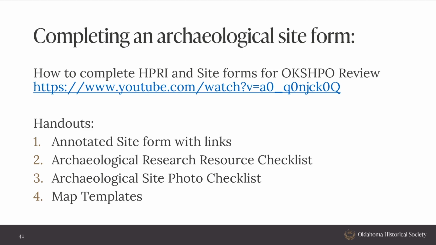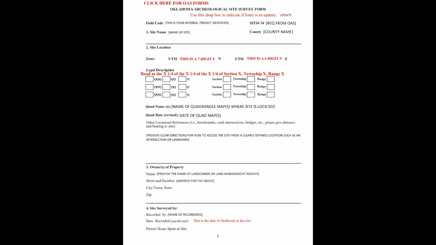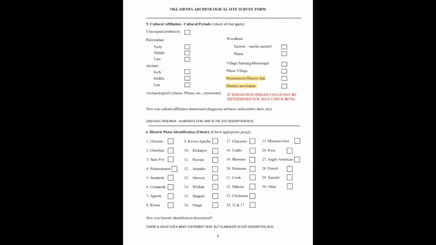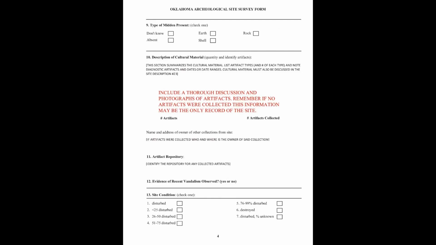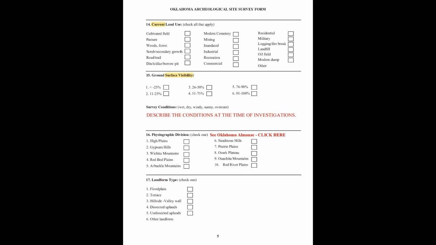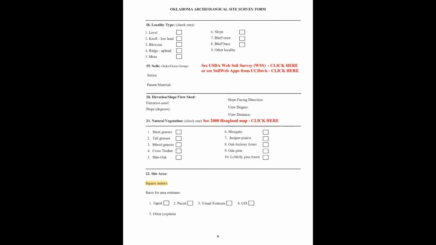And I can quickly show you that annotated site form. It's the old Oklahoma Archaeological Survey site form with annotations and hyperlinks. So it has links to where you might find certain types of information and additional clarification about what should be included in the various sections.